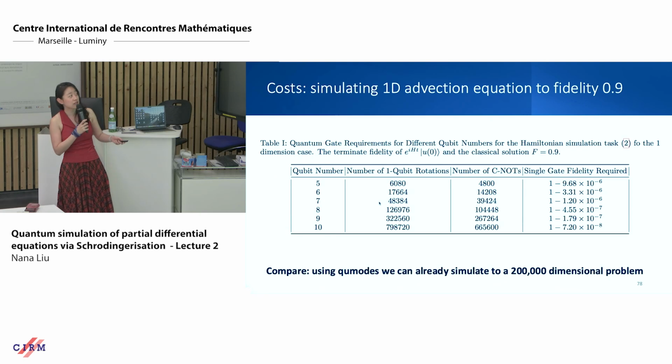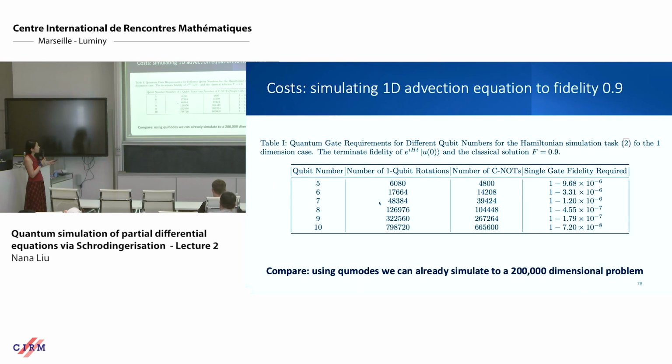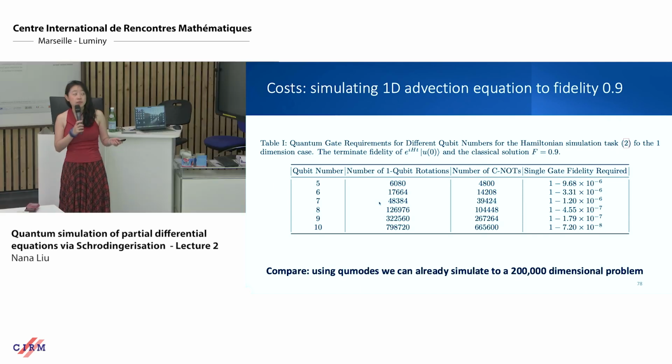Suppose we want the solutions of the one-dimensional advection equation to fidelity, say 0.9. Then for different qubit numbers, these are the corresponding numbers of one-qubit rotations and CNOTs, and the requirement of single gate fidelities.